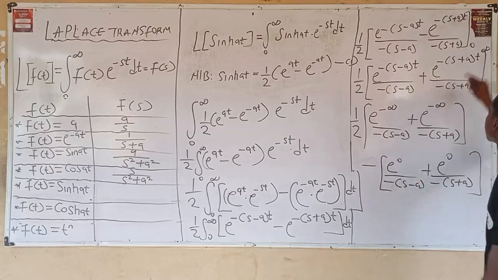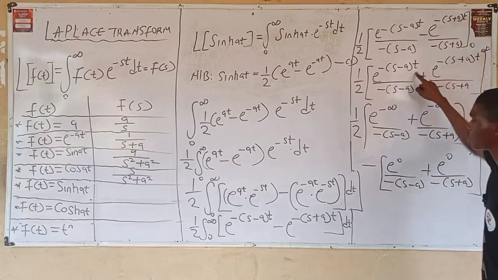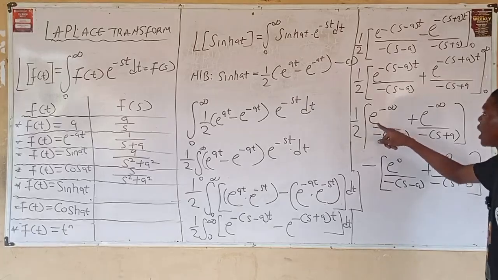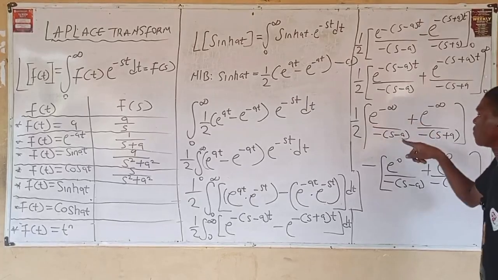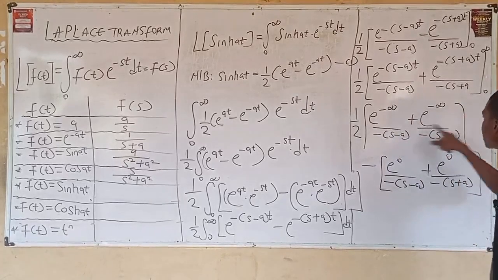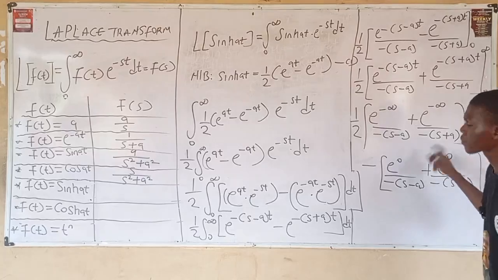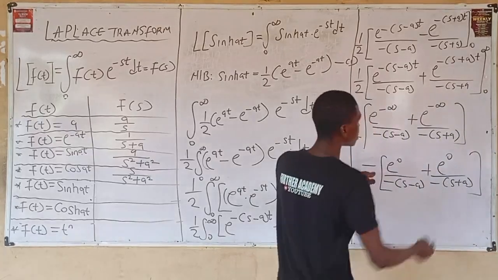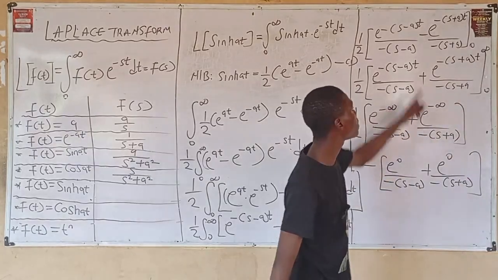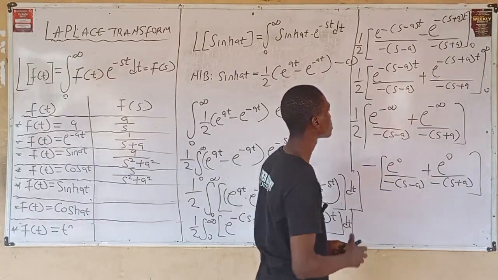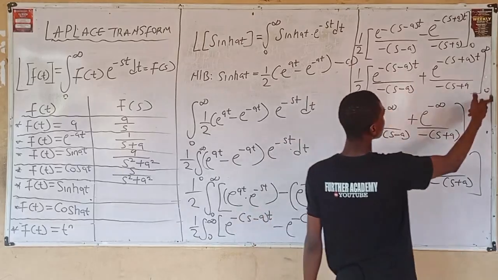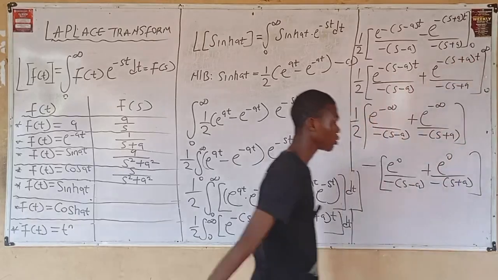What you've done is infinity multiplied by t, you have infinity, so you are saying exponential negative infinity divided by the denominator plus exponential negative infinity divided by the denominator, right? Minus, now take your lower limit which is 0, same idea, in place of t substitute your lower limit. So 0 multiplying all this, you have exponential 0.